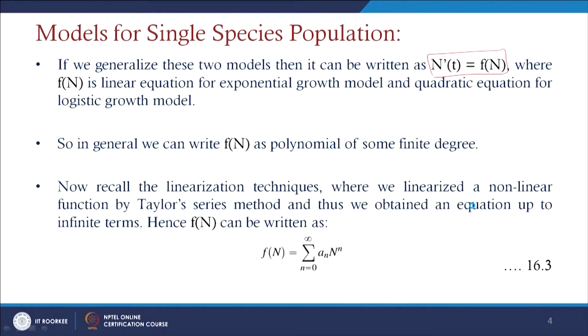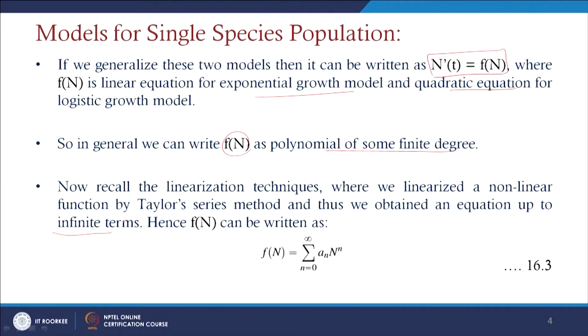Especially, f of n is a linear function for the exponential growth model and a quadratic function for the logistic growth model. So, in general we can write f of n as a polynomial of some finite degree. So, how we can linearize these functions, that we will consider here.